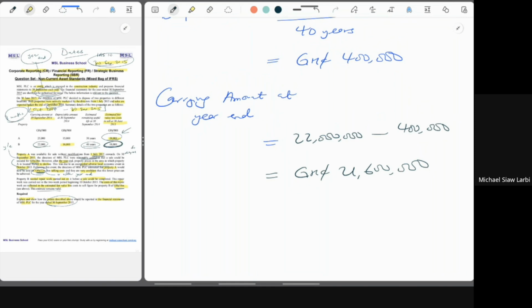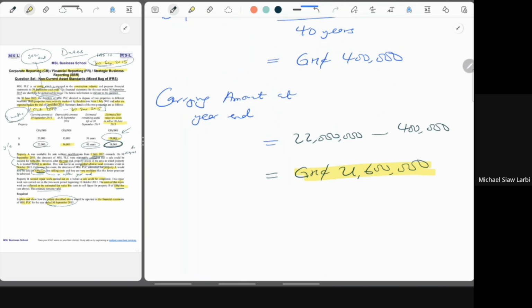If the carrying amount of an asset is greater than the recoverable amount, the asset is deemed to be impaired, right? So in this particular case, we have a carrying amount of what? 21.6 million. If our carrying amount is 21.6, what is going to be our recoverable amount? It's basically the higher of the asset's fair value less cost to sell, and the value in use.